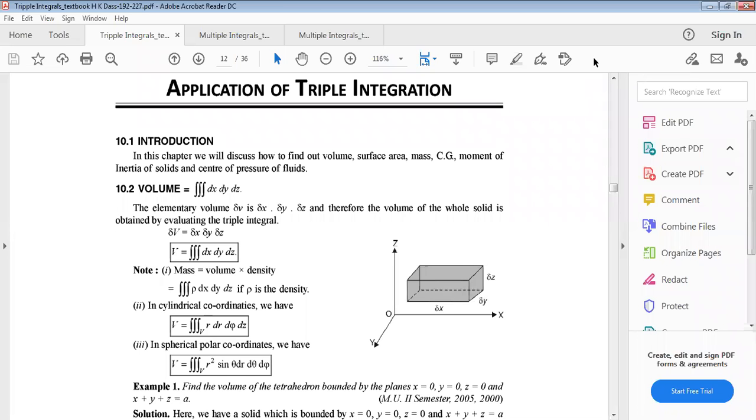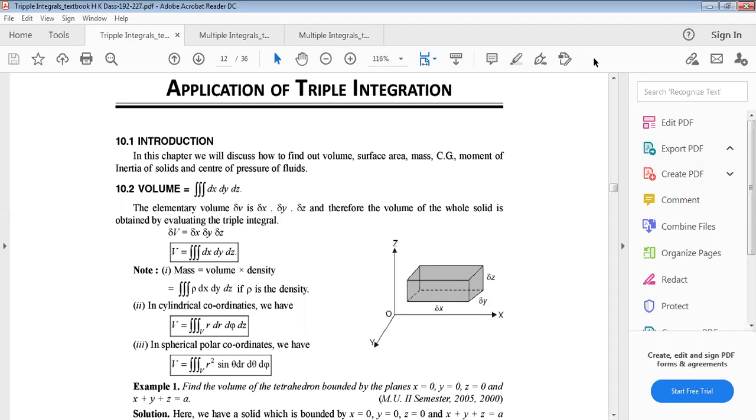Okay, today we will start with the application of triple integration. We use triple integration to find the volume, surface area, mass, center of gravity, and moment of inertia of solids, and centers of pressure of fluids, etc. In physics, we studied moments of inertia of solids and centers of pressure of fluids.